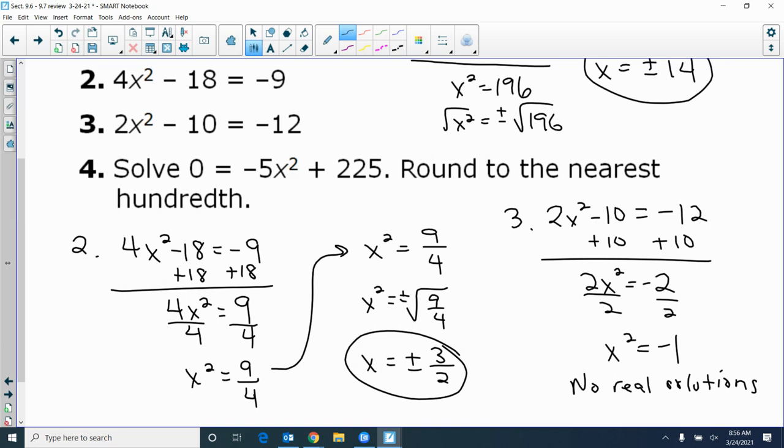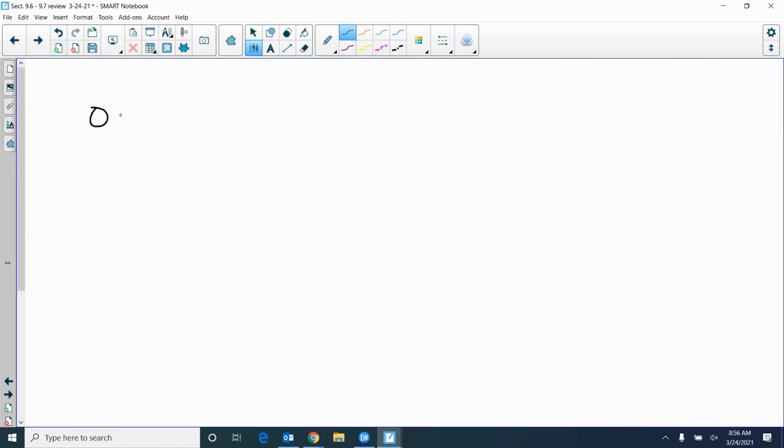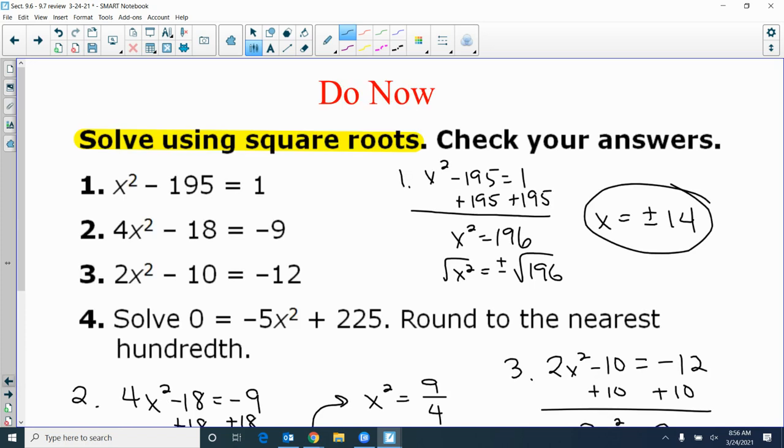Alright, so 0 equals negative 5x squared. And what was the other part? Plus 225.